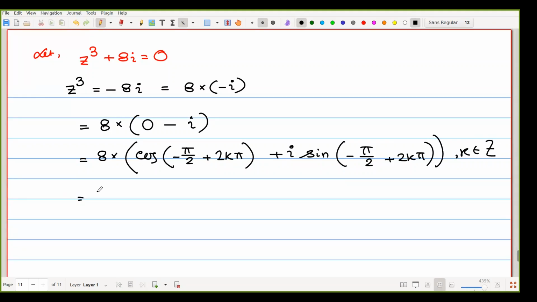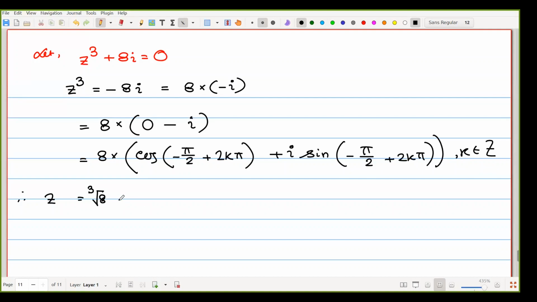So that is resembling our form of omega to the power n. So z can be written as cube root of 8, as z cube is that one.